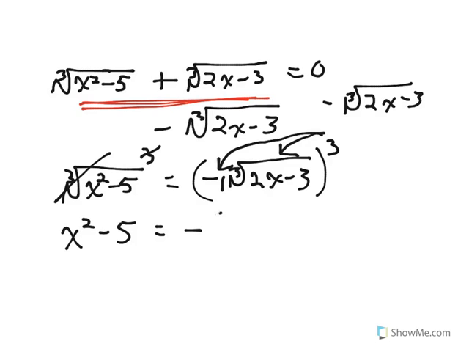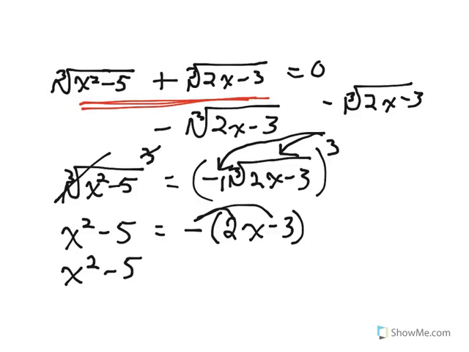So this gives us negative times 2x minus 3. Multiply out the negative, and we end up with x squared minus 5 equals negative 2x plus 3.